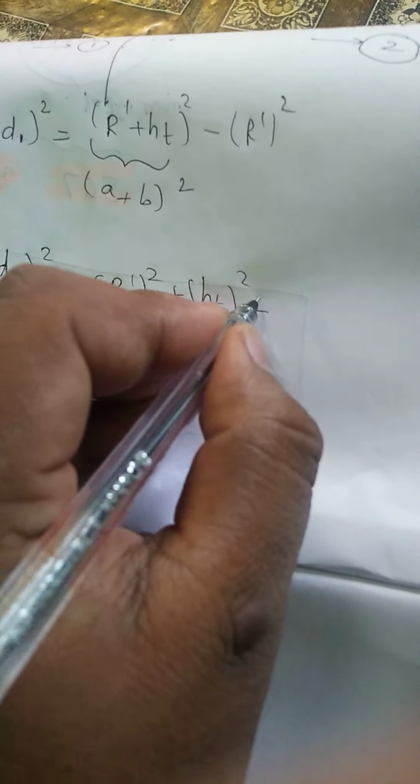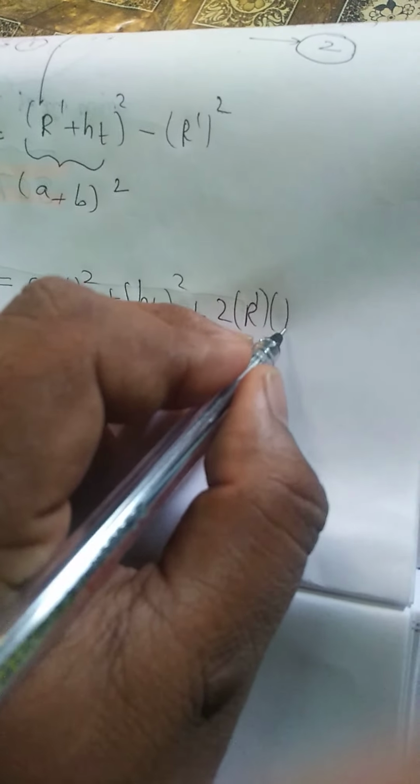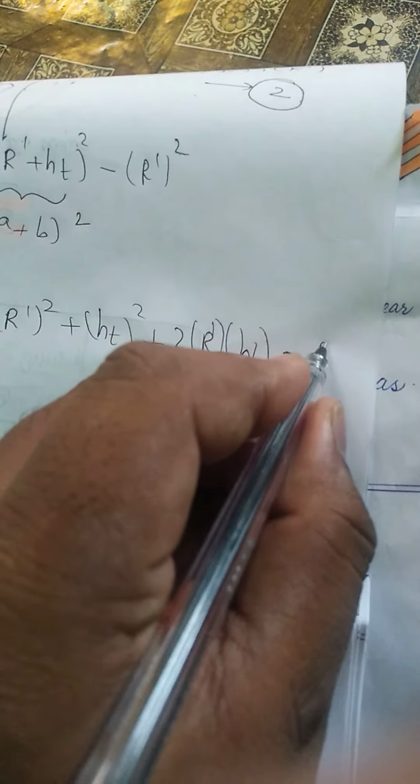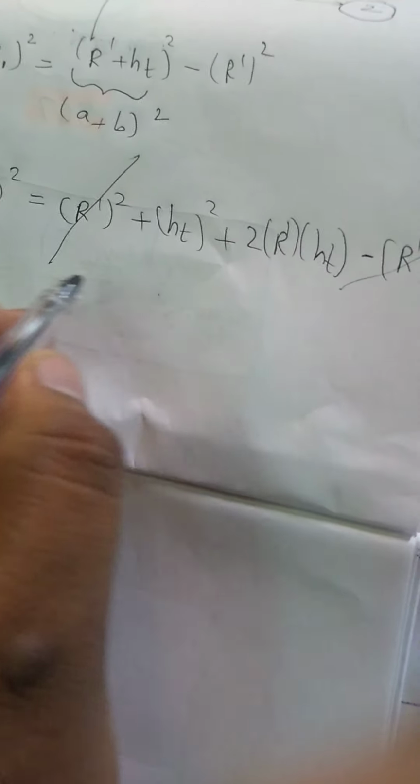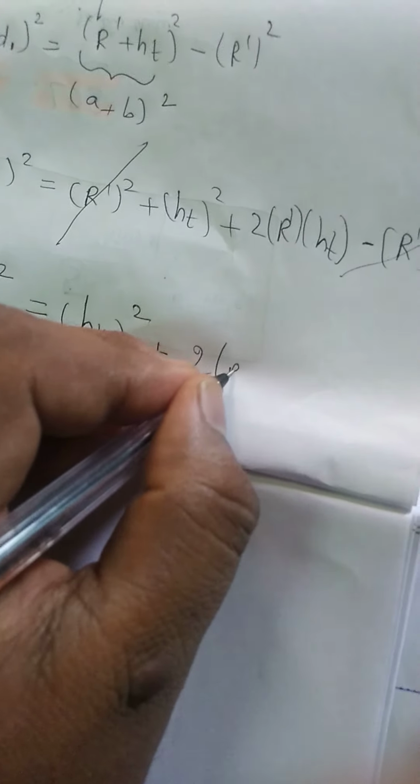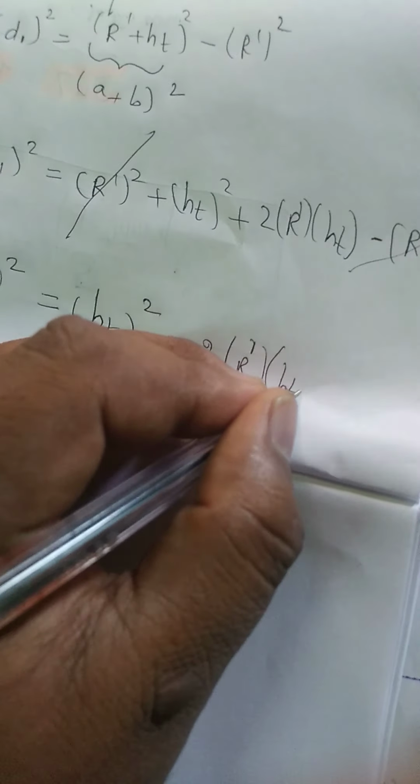D1 square is equal to (a plus b) whole square, which is a square plus b square plus 2ab, and the other term, R dash square, is as it is. So we can cancel the plus term and this minus term, and we are left with D1 whole square equals HT whole square plus 2 times R dash into HT. This is our leftover expression.